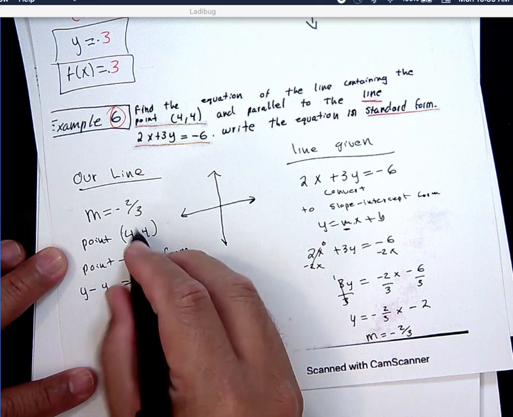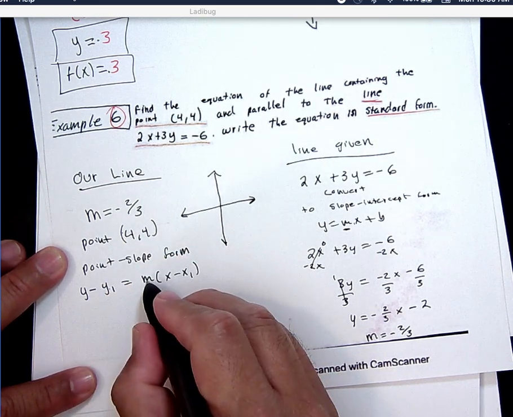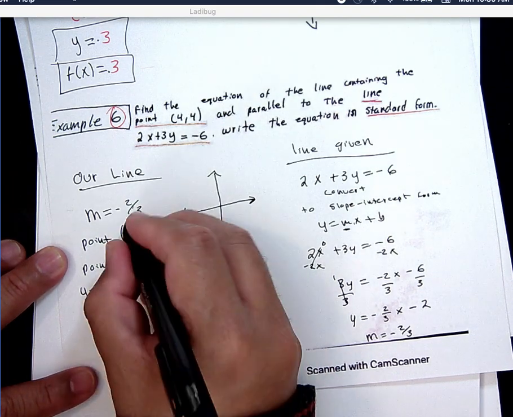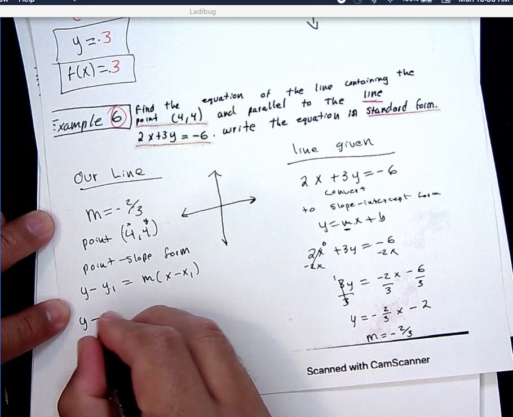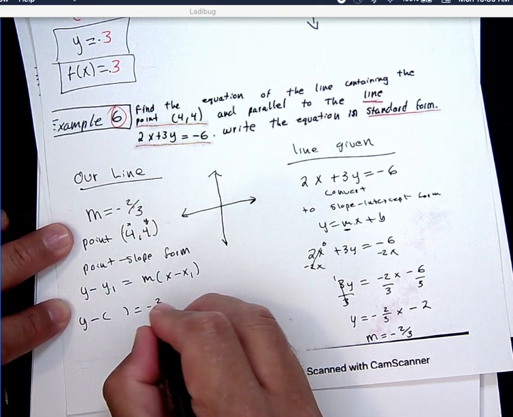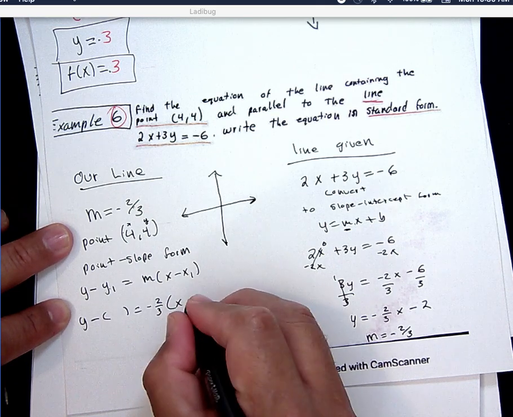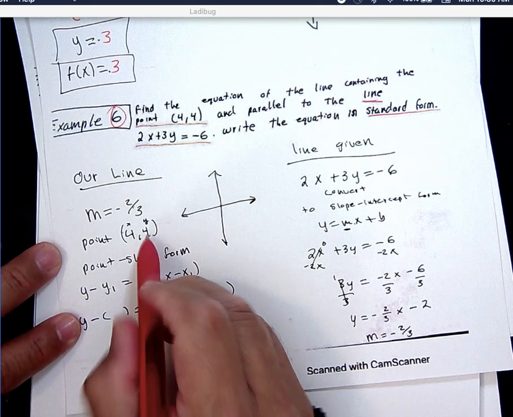So now we need to substitute for the point. That's the point, and then for the slope, that's the slope. So this is the x and that's the y. So y minus, and I'm going to put parentheses, equals, the slope is negative 2/3 times (x minus, parentheses. So what goes here? The y, which is 4.